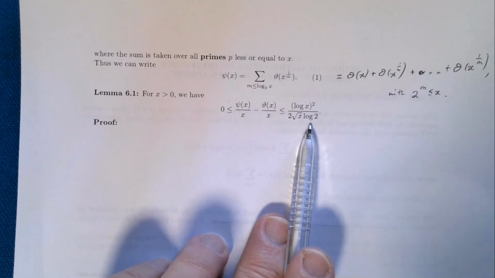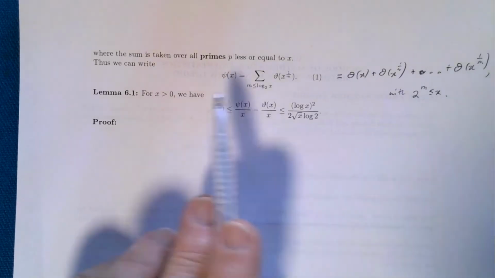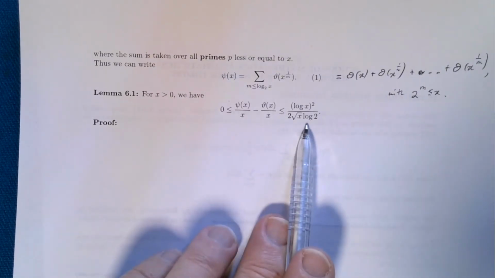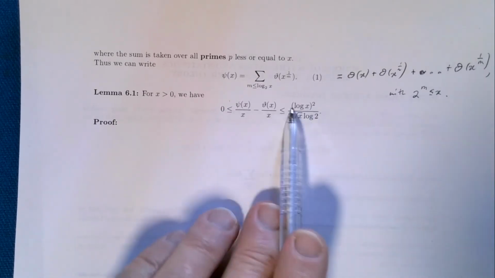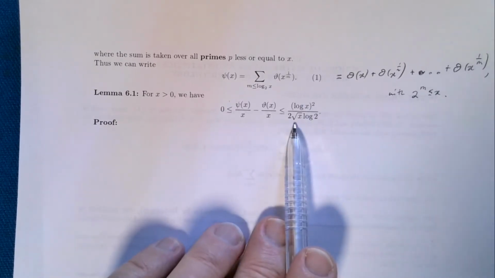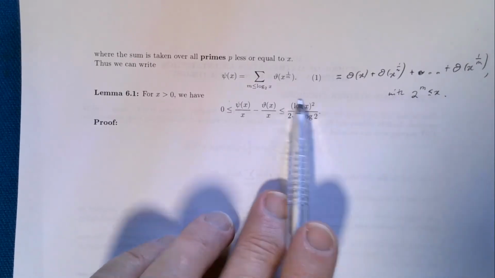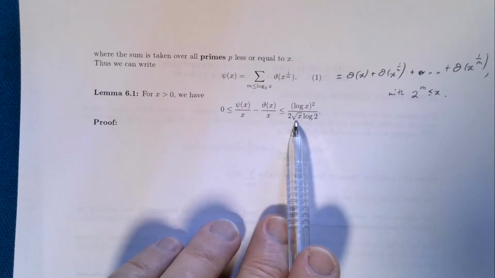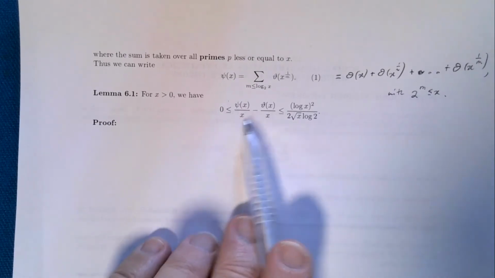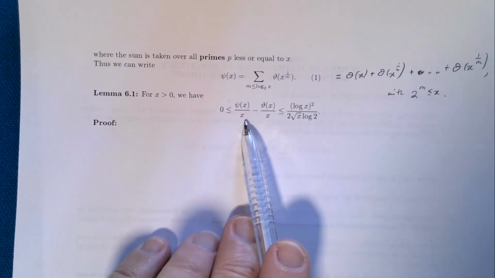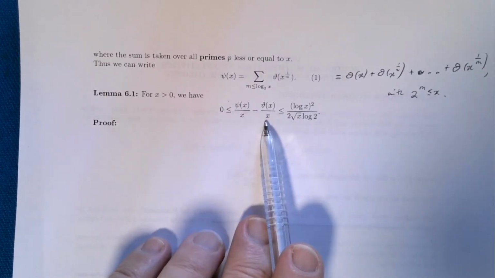Before I look at the proof, that is very interesting, because as x becomes very large, this term will go to 0, albeit slowly, since the root x on the bottom will dominate. That says for x very large, these two functions, psi x on x and theta of x on x, are very close to each other.